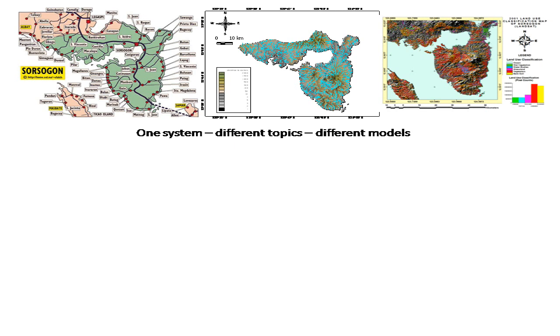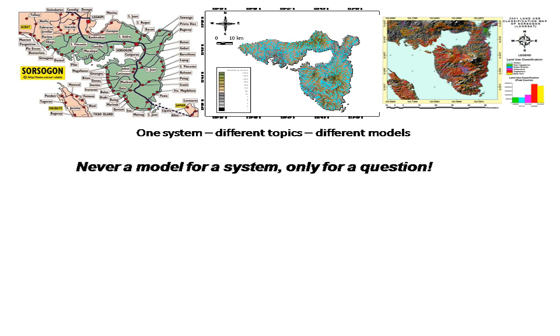On the left, you have your political, municipal boundaries. In the middle, you have your river networks, or your watersheds around Sorsogon Bay. And then on the rightmost, you have the land use representation of the area.